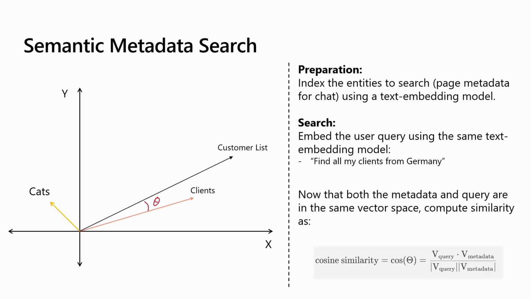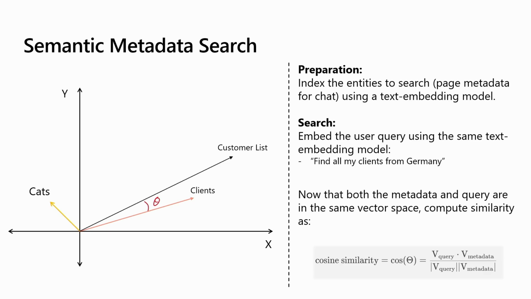And then we'll use something like cosine similarity, which is, as you can see, just the angle between the original metadata and, let's say, the user query that you're trying to search for, right? And if there's a query that's completely unrelated, for example, in this case, cats, it's going to show a very high angle between the page metadata and the search query.